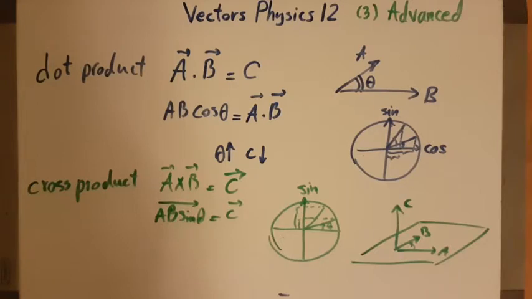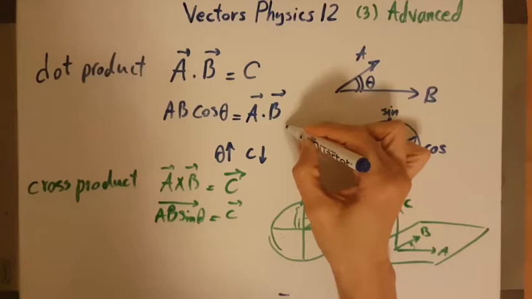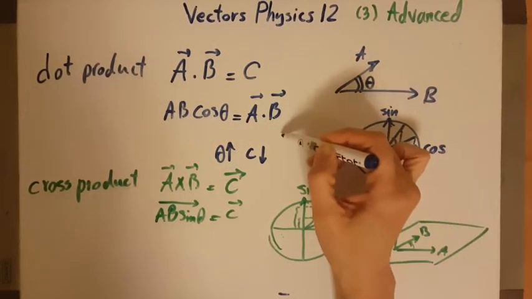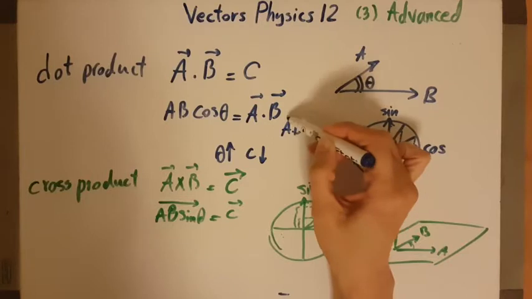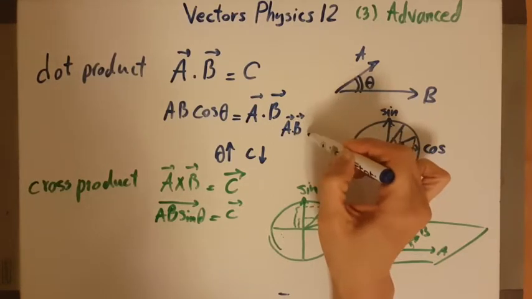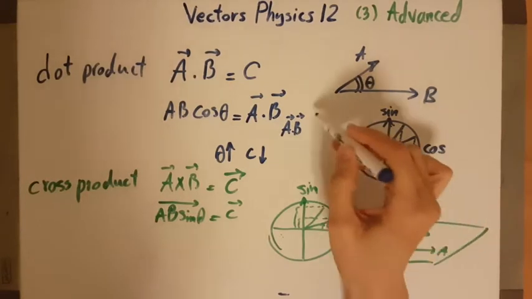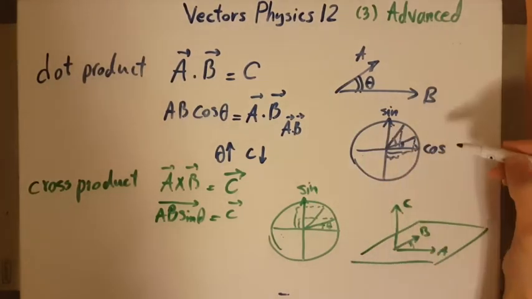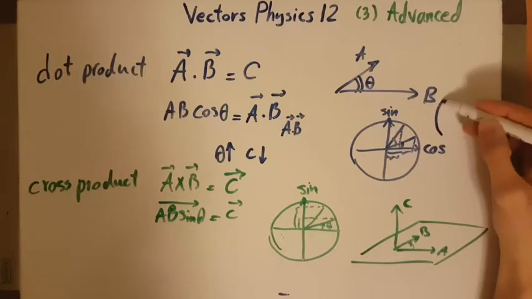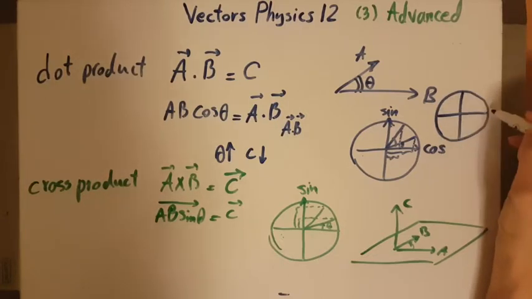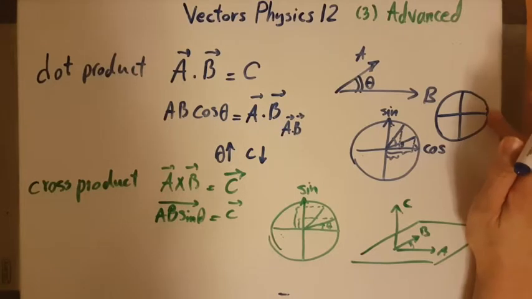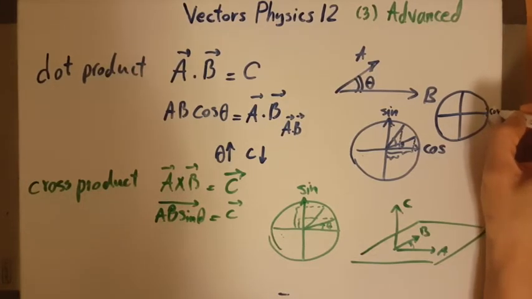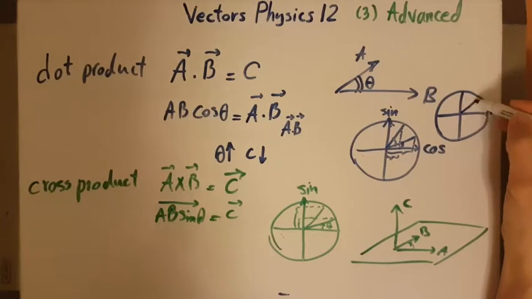Now, I want to look at another difference between these two multiplications. Let's see the relationship of A times B. Let's have a quick look at our unit circle again. This is the cosine that we are dealing with, and this is theta.